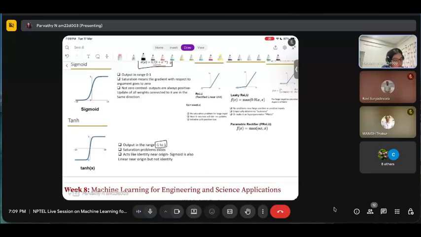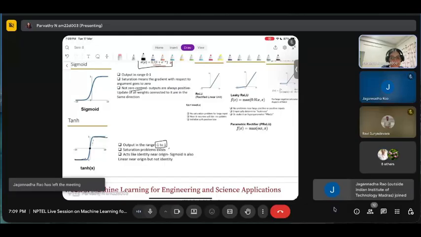And here also, because this flattening exists for a large positive and large negative, there is a saturation problem. And this is centered around 0, which is good because it will help with optimization. So here it's not 0 centered and the outputs are always positive. But here it is 0 centered and the output sometimes will be positive and sometimes will be negative.